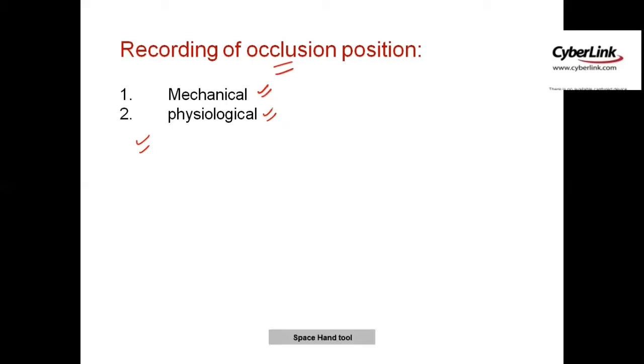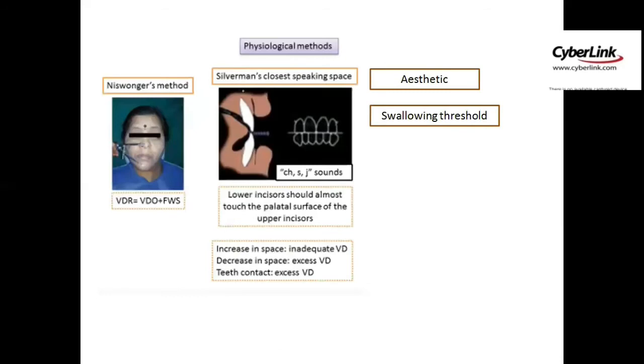First is your physiological method. In case of physiological method, physiological rest position is first given by Neuswonger. It is not considered as an accurate method because it requires patient cooperation, which is variable and alters jaw relation during the procedure.